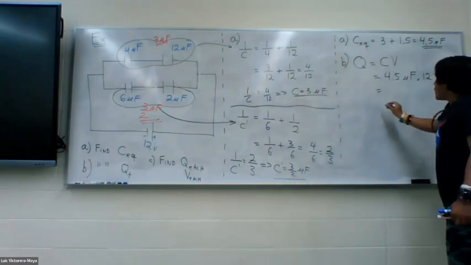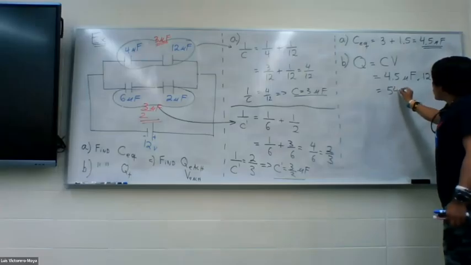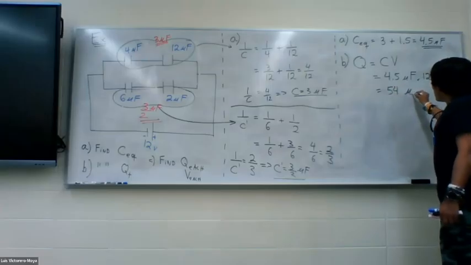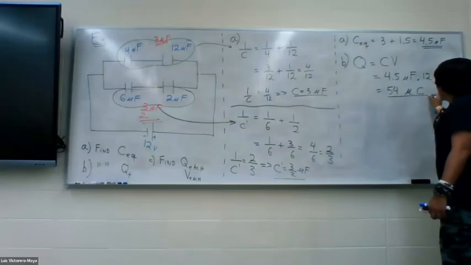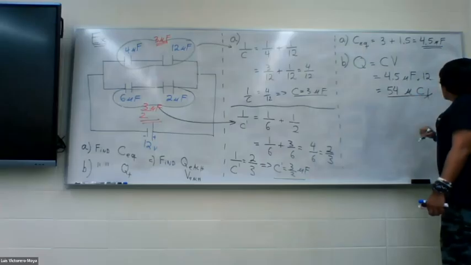And that will give you around 54 microcoulomb. A and B.